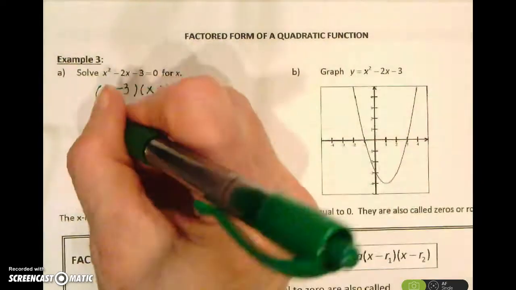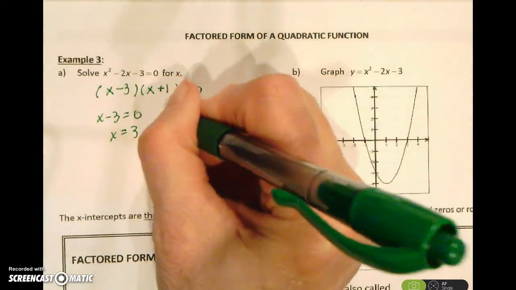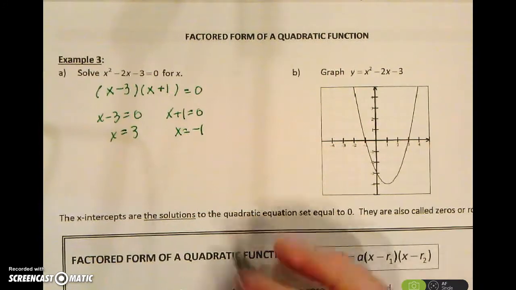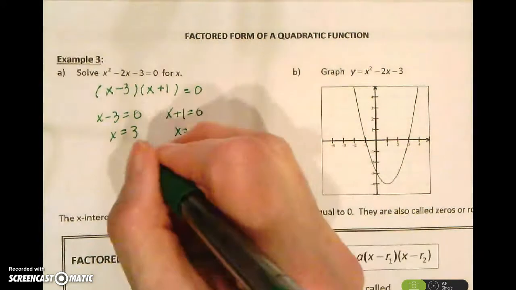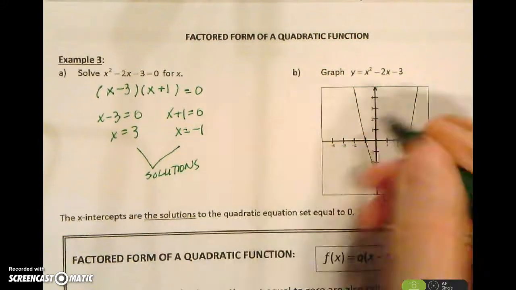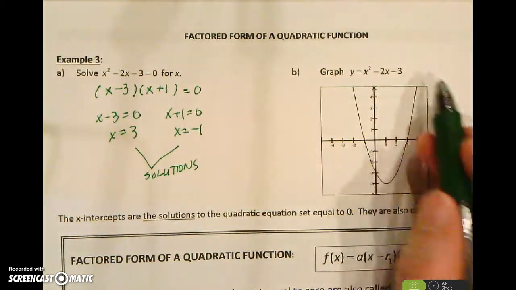Then x minus 3 is 0, so x is 3. X plus 1 is 0, so x is negative 1. So these are going to be my solutions. Then to the right, I have graphed y equals x squared minus 2x minus 3.